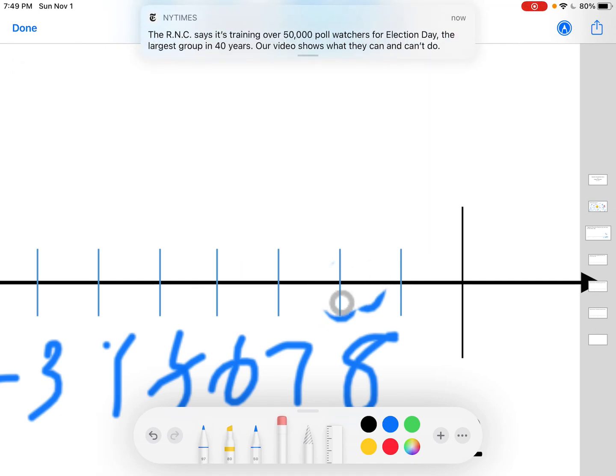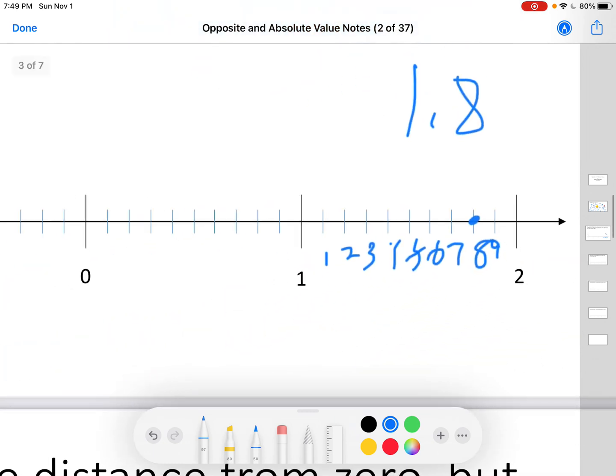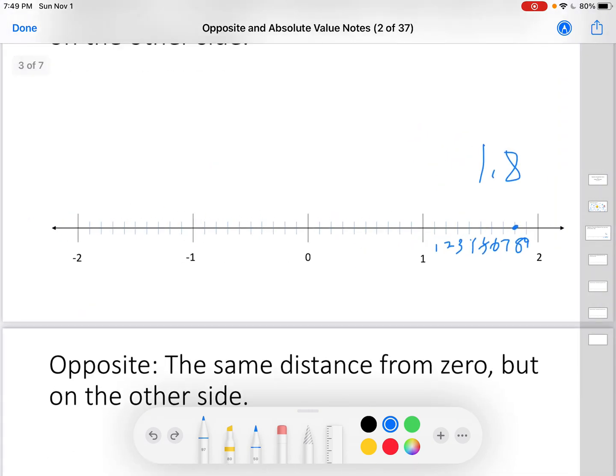I'll even erase it and make it neater so you can see it. It goes right on the point of intersection. It goes positive 1 and 0.8. Okay, so that's where the point goes, positive 1.8.